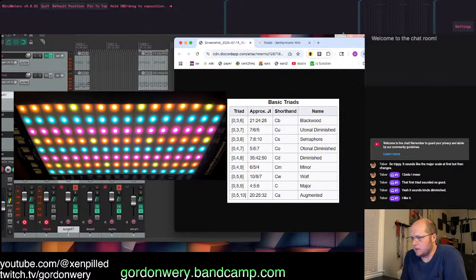But maybe in systems with up to either 16 or 25, I don't know what would be a good cutoff point. Maybe there's a way to name the chords.